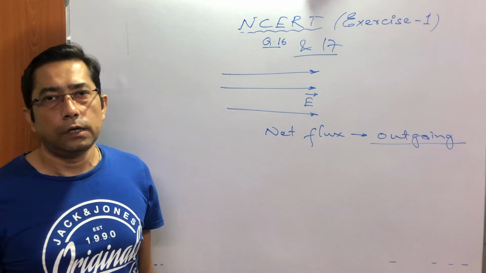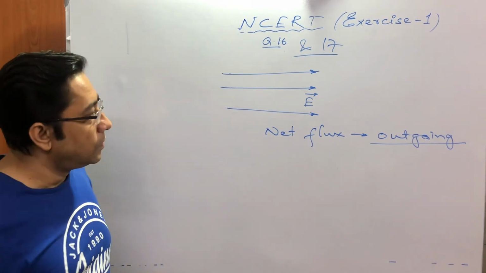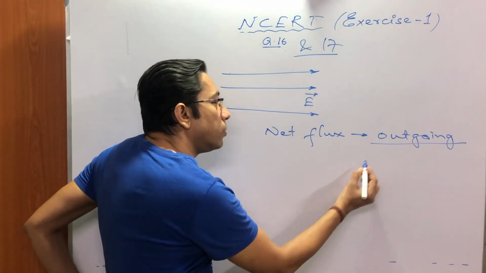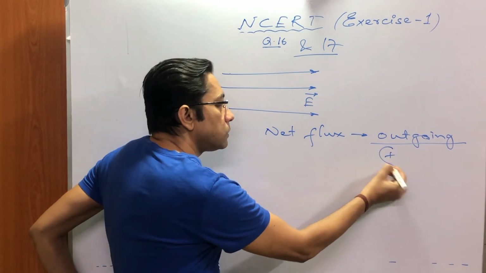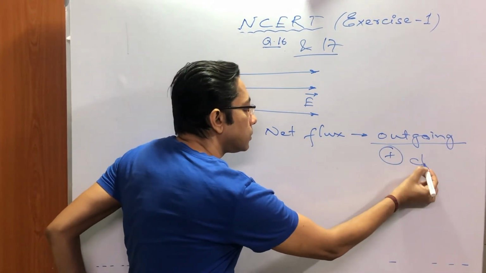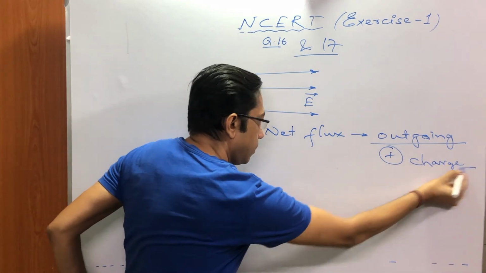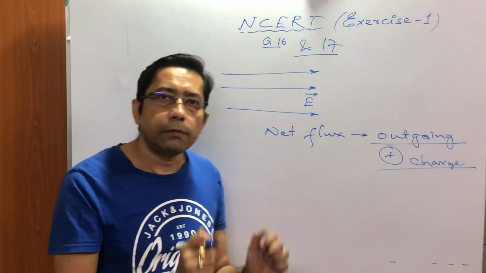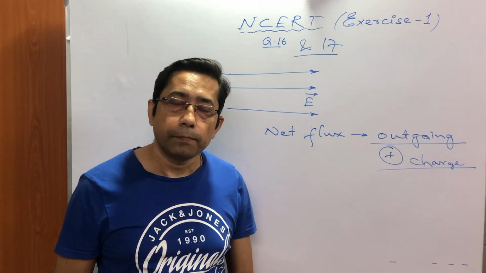Outgoing flux is always positive. So if net flux is outgoing, obviously it is positive. So a positive charge resides inside that box. Simple thing.